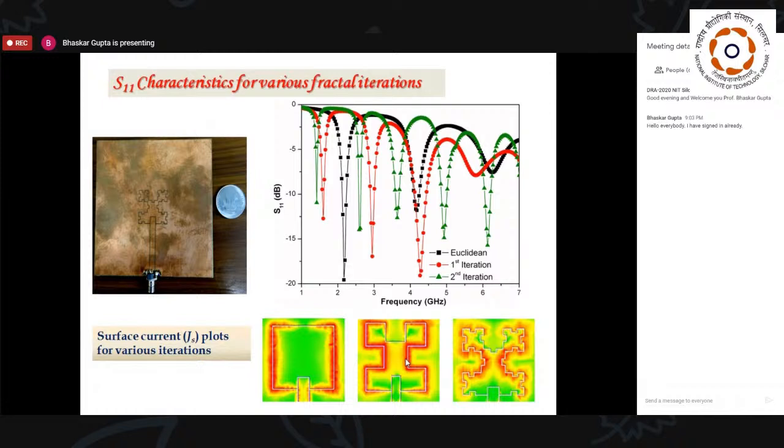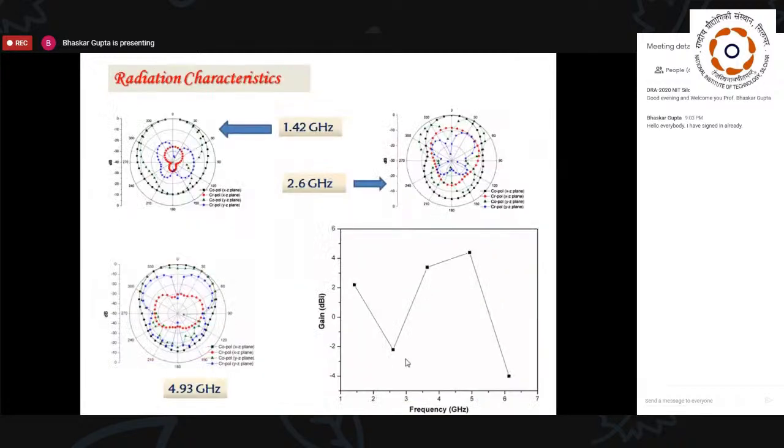Well, you see, these are the surface current plots for different iterations, and correspondingly the different S11 plots, surely showing a multiband behavior. Well, radiation characteristics are also shown here for both co and cross pole. The gain is also plotted.